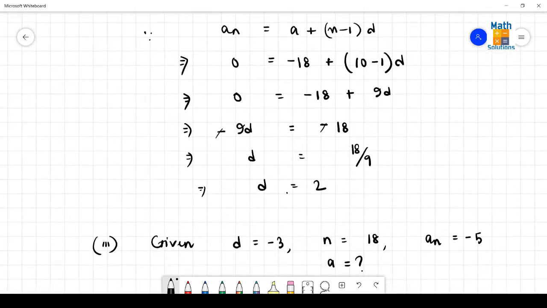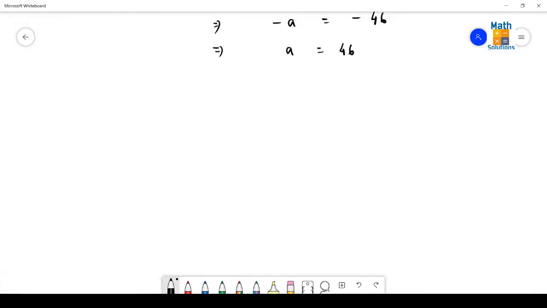So let's come to the solution part. Here goes Roman 4. We have a is equal to -18.9. d is equal to 2.5. Then after, n is not given.